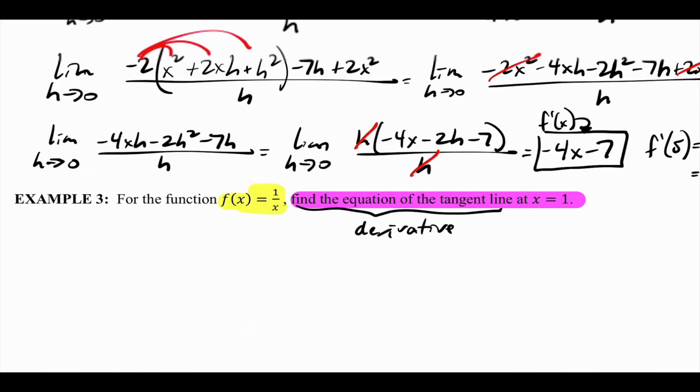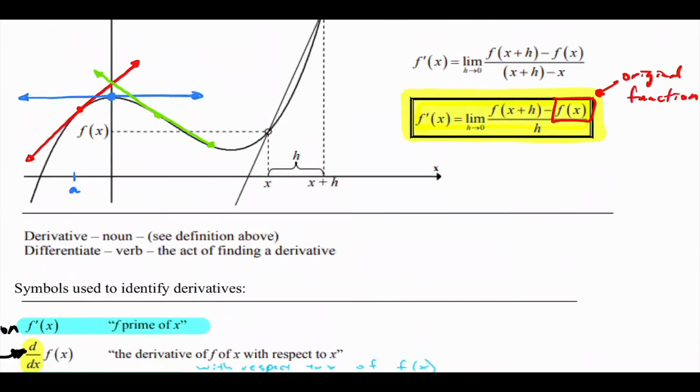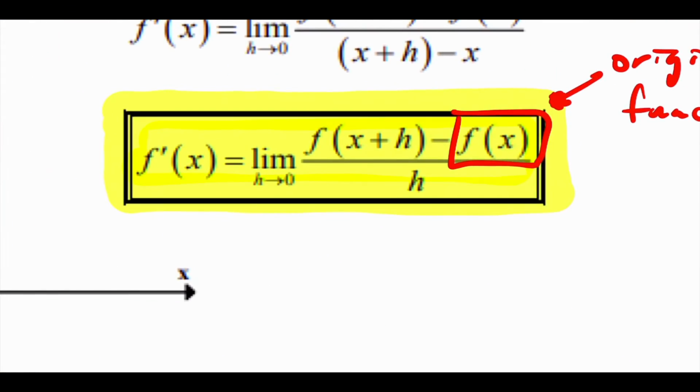So using the definition, remember, find the limit as h approaches 0 of f of x plus h minus the original over h. So remind me again, what does this mean to do?